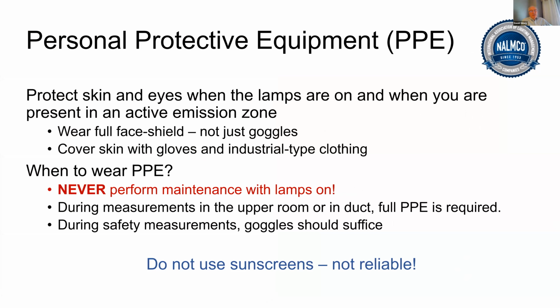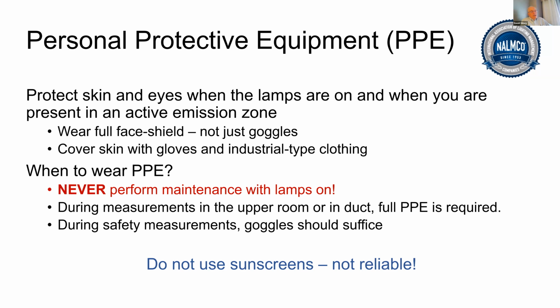What personal protective equipment, or PPE, do you require? I mentioned them before, but you need to protect the skin and the eyes when the lamps are on and when you are present in an active emission zone. You need to wear a full face shield and not just goggles because your skin can be exposed. And you need to cover your skin with gloves and industrial type clothing, thick, heavy duty clothing.